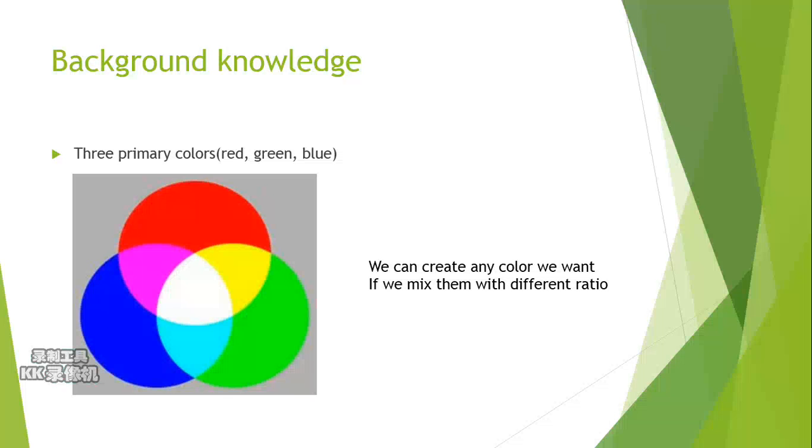For example, if I want to create the white color, all I need to do is just mix red, blue, and green color LEDs together, and then we can get the white color.